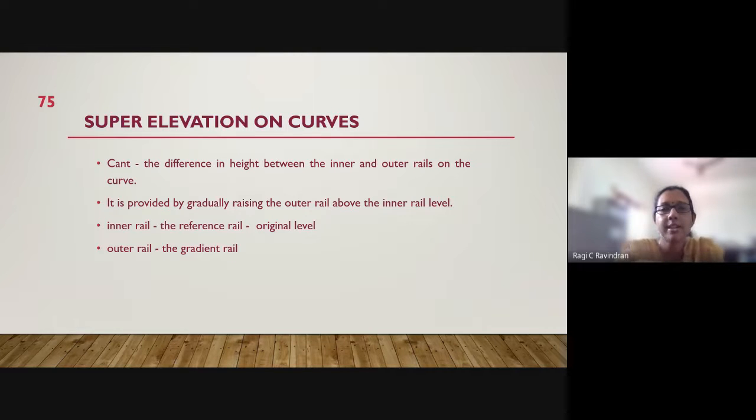So when I say you are providing a super elevation or cant, doesn't mean that all of a sudden you are increasing the level. It is introduced gradually so that the passengers won't feel any discomfort or any jerk during their travel. Okay, similar is the case with highways also.